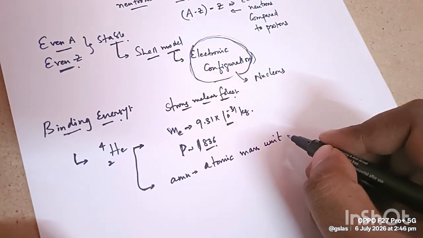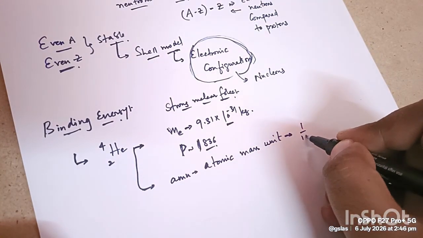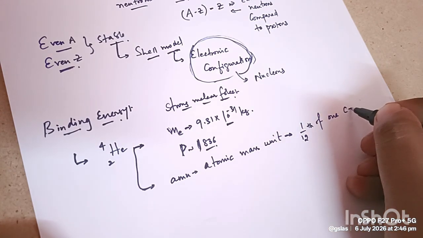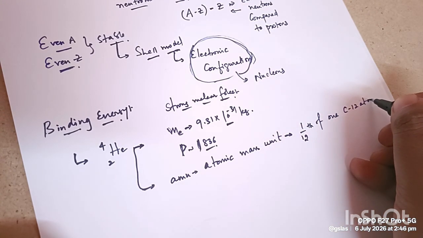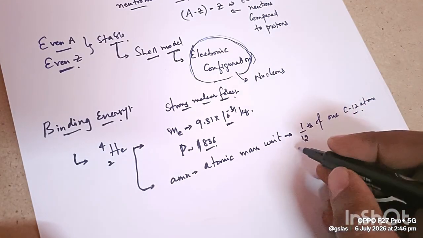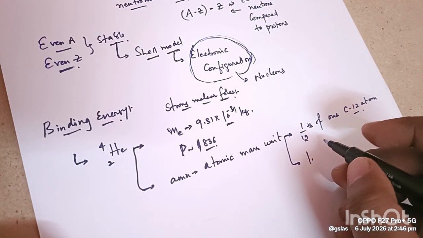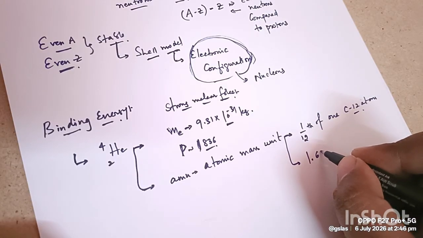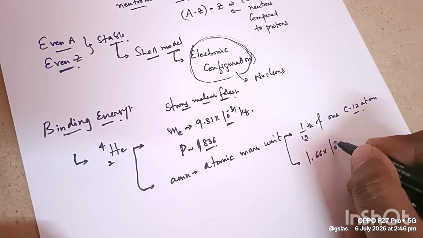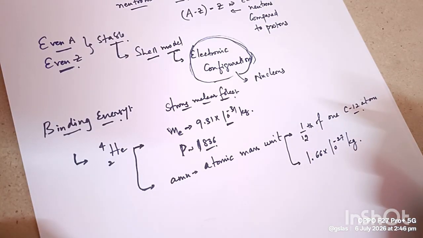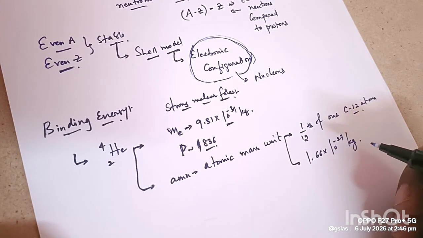And 1 AMU is usually defined as 1/12 of one C-12 atom, right? And this comes out to be around 1.66 times 10 to the power of minus 27 kilograms, right?